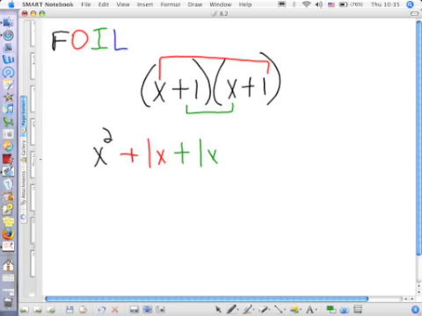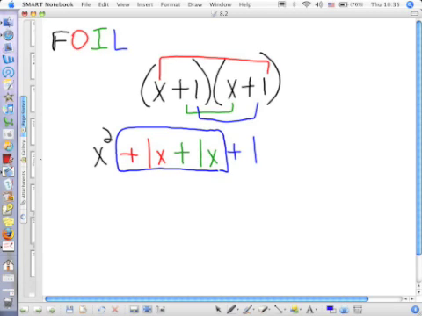So it makes 2x. And last is this times this, the last of each parenthesis. 1 times 1 is 1. It's all multiplication. Here is where you get to addition, because those are alike. And 1x plus 1x was 2x.